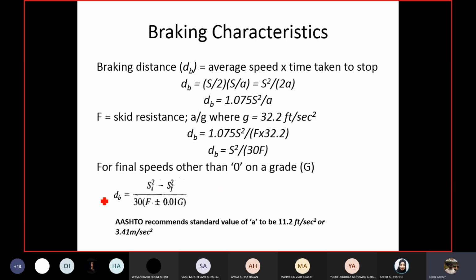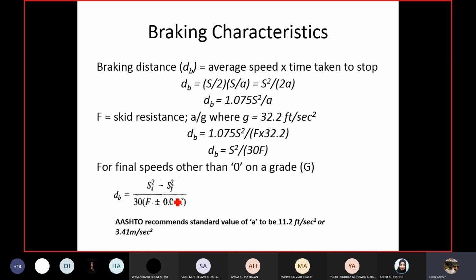Okay, moving on. So the f values are given. In the question they said no gradient, so G is 0. It's a level surface. They have given me a value of 20 miles per hour at the time when the car hit the abutment of the bridge.